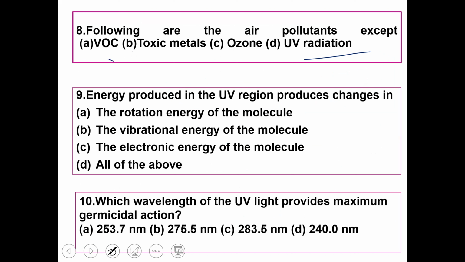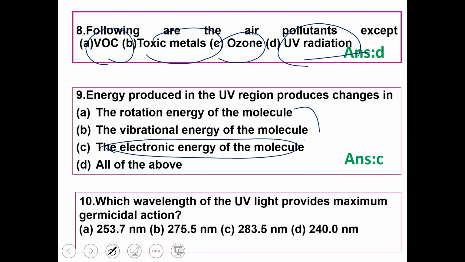So following are air pollution. You should know volatile organic compounds, toxic metals, and ozone are considered air pollutants, but UV radiation is just electromagnetic radiation, not an air pollutant. And here again, the energy in the UV region produces changes in the electronic energy. Remember, there is absorption of rotation and vibration, but to a very small extent in UV, because vibrational energy absorption is favored in IR, right?